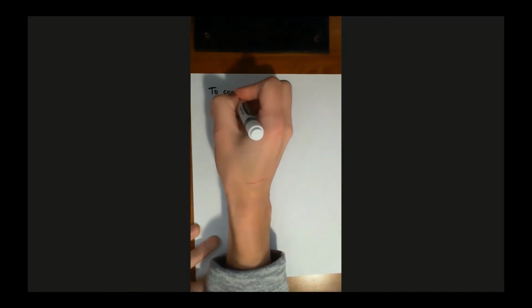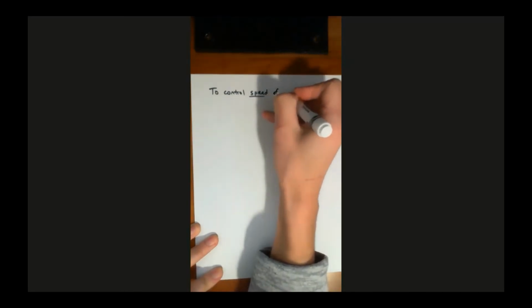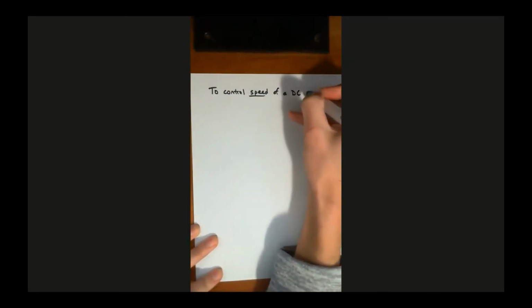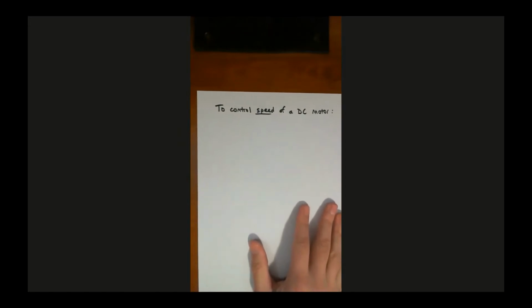To control the speed of a DC motor, well, you got to think about the Lorentz force, because the Lorentz force is what's causing the torque. And if we want to go faster, we need more torque.